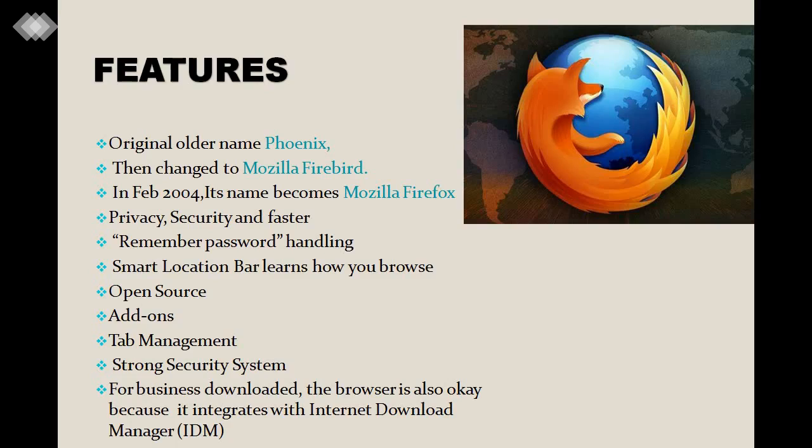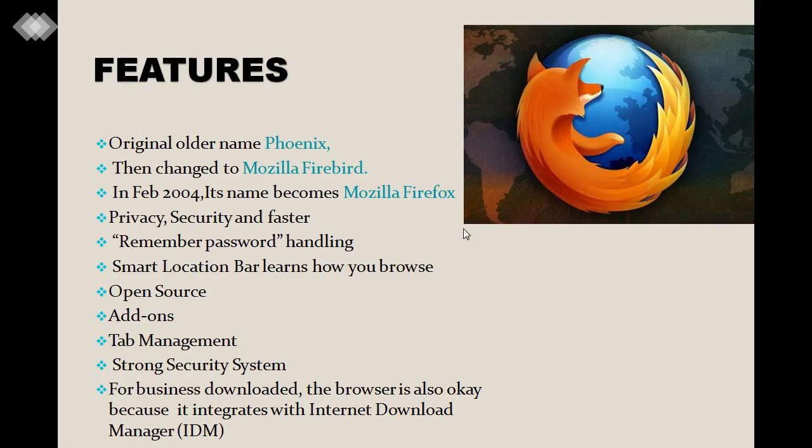Open source add-ons, tab management, strong security system, and for business downloaders the browser is also okay because it integrates with Internet Download Manager. So these are the features of Mozilla Firefox. Sometimes you may say Firefox browser, Mozilla Firebird or Phoenix, which are the older names.